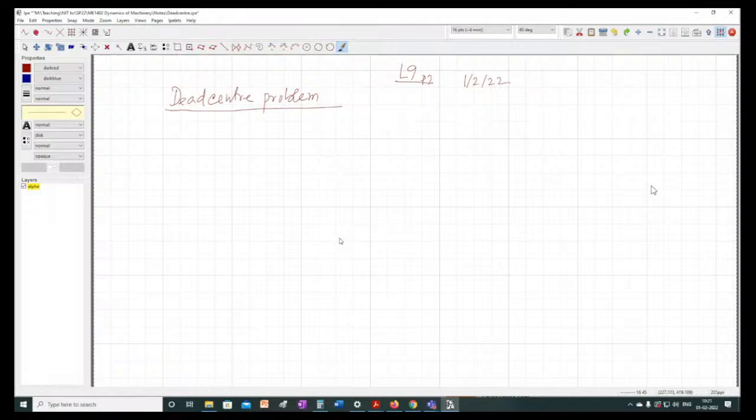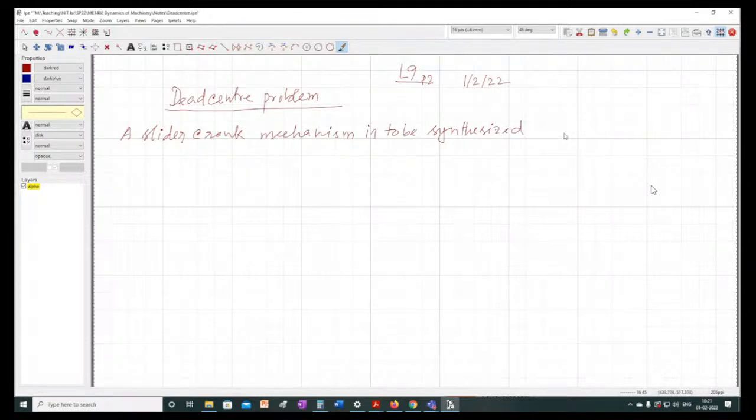Okay. Let me give you the problem. A slider crank mechanism is to be synthesized for values of quick return ratio and slider stroke.